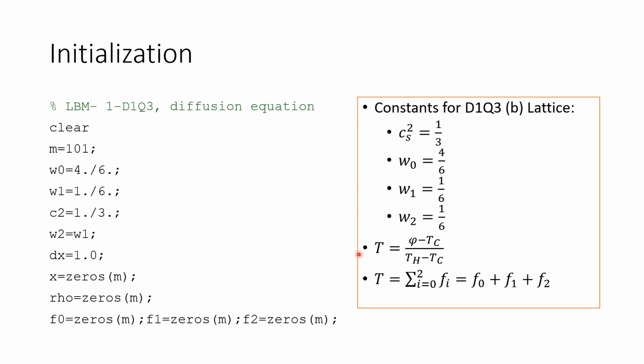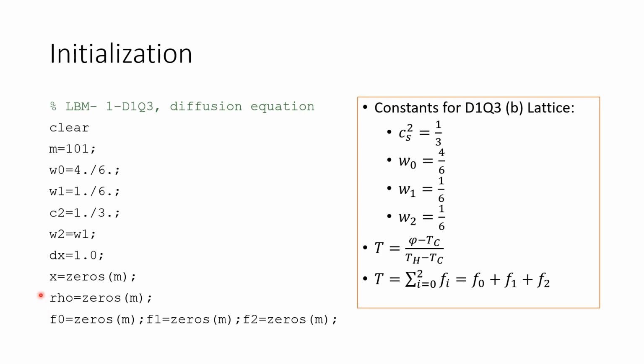And then for the heat diffusion equation, we would also have these identities. First, we would have T, which is equal to this. This is just for the dimensionless variables.